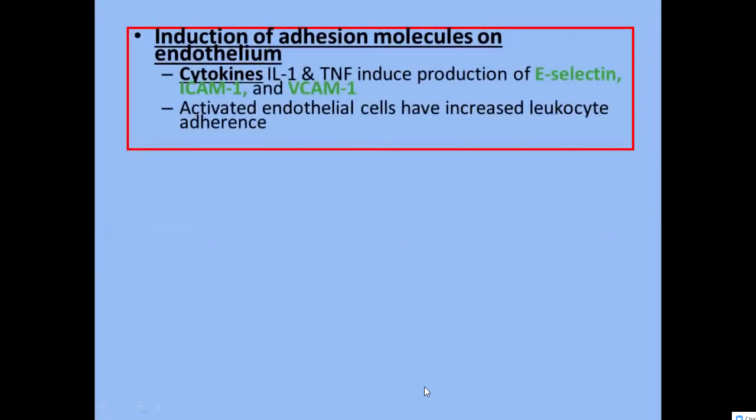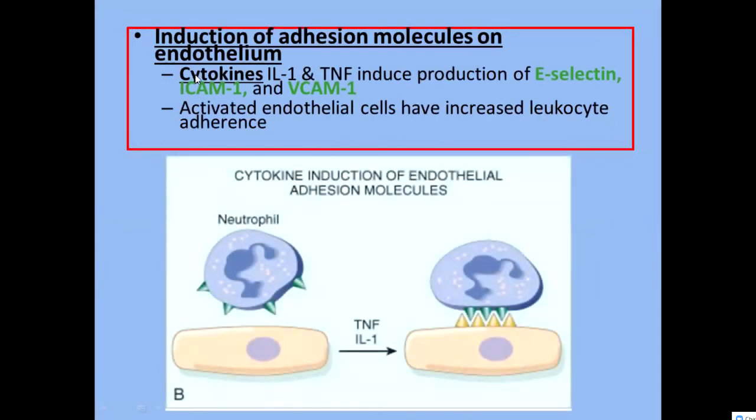So induction of adhesion molecules on the endothelium is brought about by ICAM and VCAM. Intercellular adhesion molecule and vascular cell adhesion molecule, or vascular endothelial adhesion molecule. Okay, and this is brought about by cytokines, the chemoattractants, that is interleukin-1 and tumor necrosis factor.